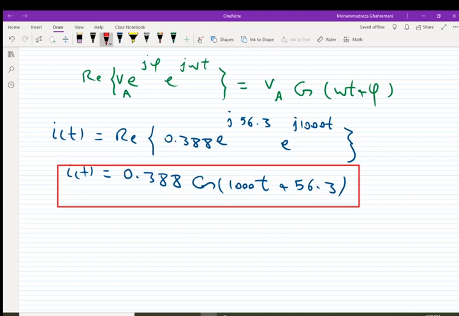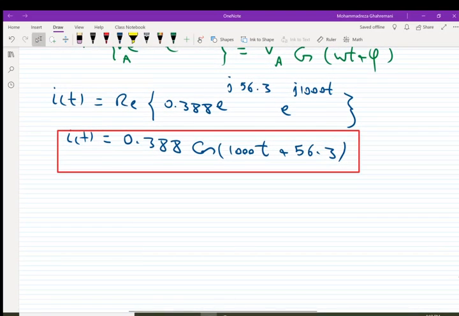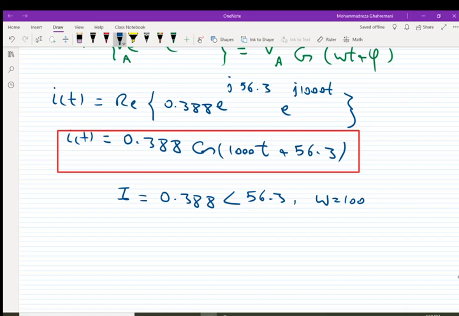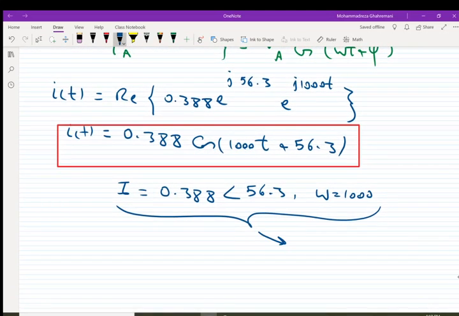But I told you that, having the phasor information, I equal to 0.388 with the angle of 56.3, and the frequency, we can directly write the time domain without writing this line.